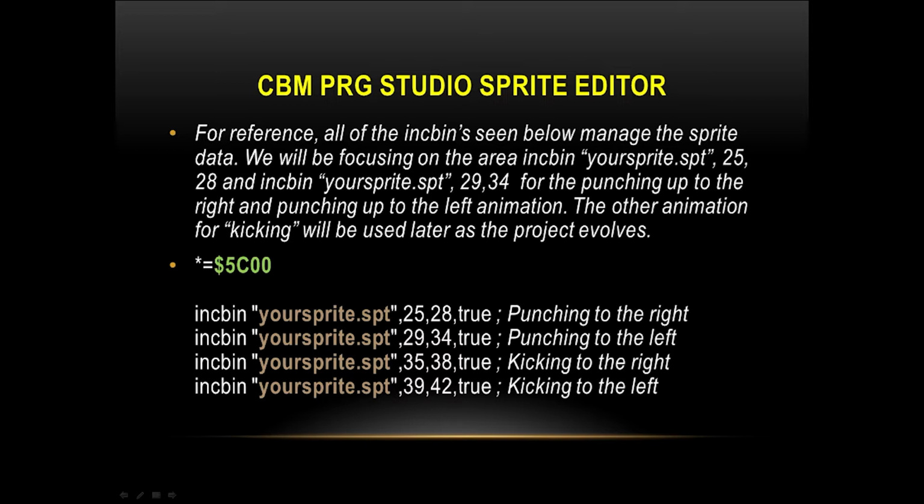We will be focusing on incbin yoursprite.spt, 25 to 28, and incbin yoursprite.spt, 29 to 34, for the punching up to the right and punching up to the left animation. The other animation, for kicking, will be used later as the project evolves. These are just the different animations that are included inside the CBM-PRG Studio Sprite Editor.